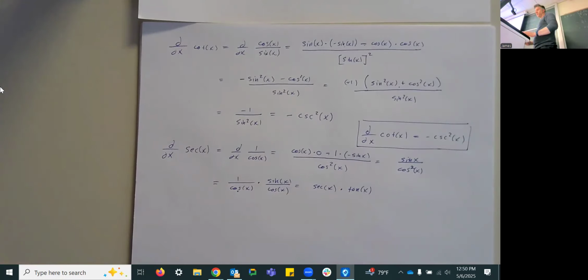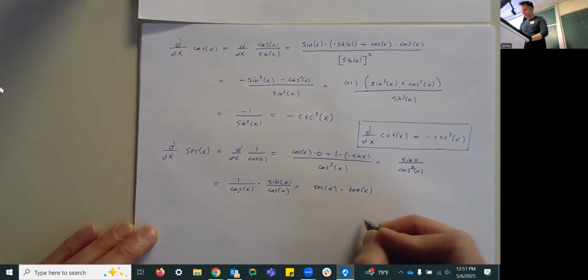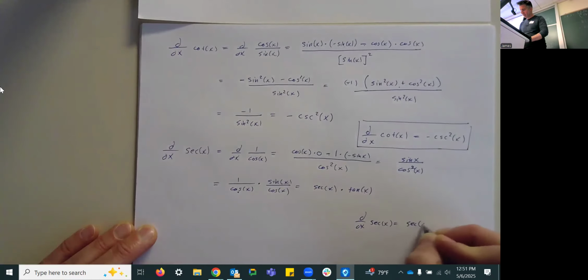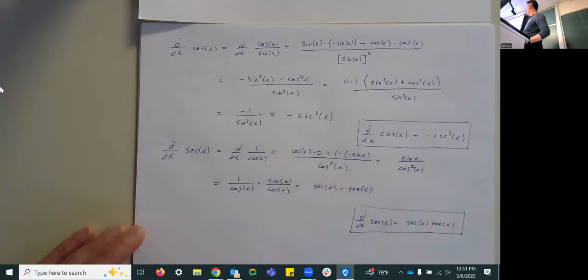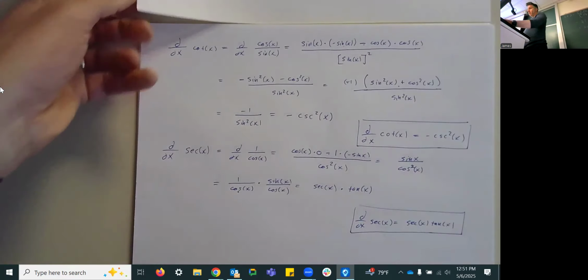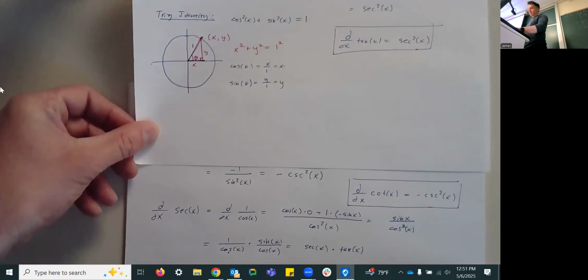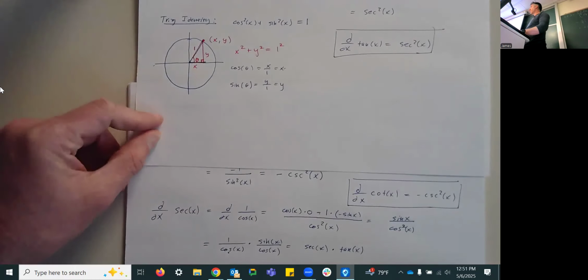So kind of neat. So now here's the pattern I want to point out. Well, first I'm going to write this. Derivative of secant of x is equal to secant of x times tangent of x. So the pattern I want to show you is the following. For the derivative of tangent, we got secant squared.